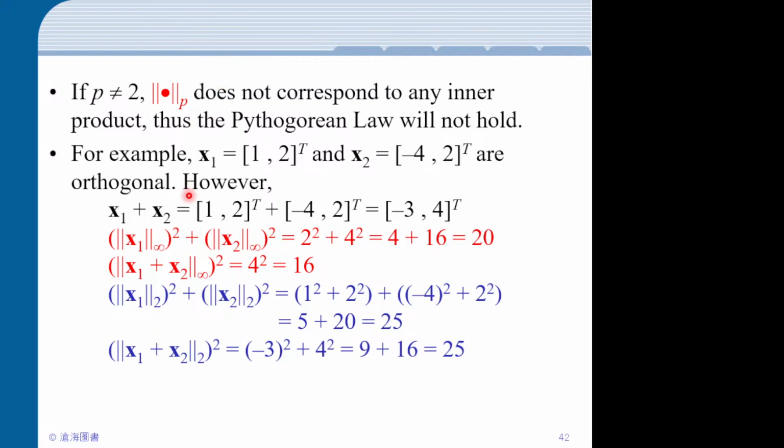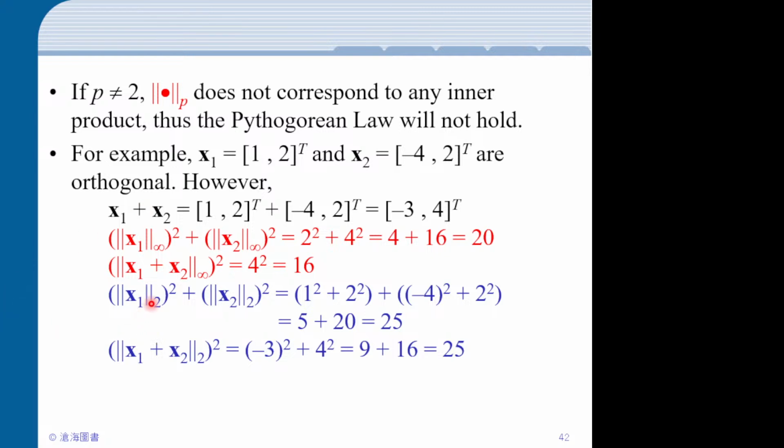For example, we have these 2 vectors that are orthogonal: x1 equal to (1, 2), x2 equal to (-4, 2). And they sum to (-3, 4).